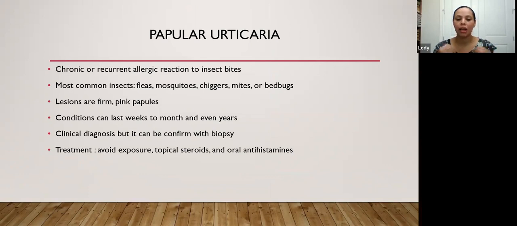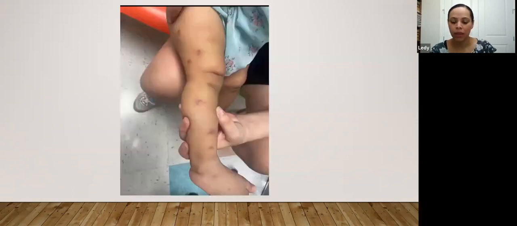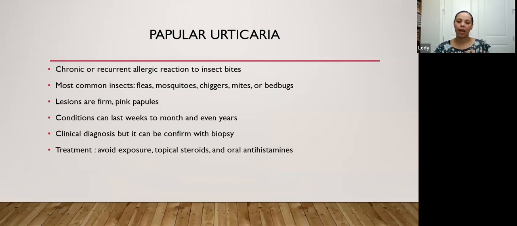So obviously, as soon as the one lesion comes out, the patient sits there and digs in there, that opens the skin, and then they end up with all these marks. So it's really hard to treat papular urticaria because it's like a never-ending cycle, and weeks pass by, months pass by, and the kid's still itching, but you could make it better.